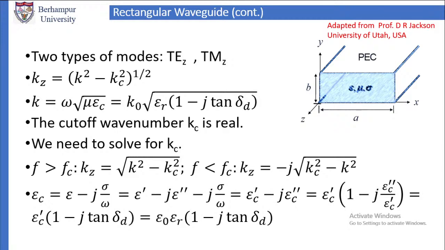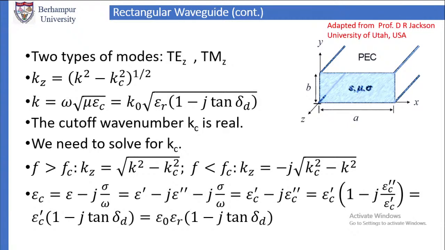Now on kz, from that we will get kz is equal to root over of k square minus kc square. Now when f is less than the cutoff frequency fc, in that case kz is equal to root over of k square minus kc square.